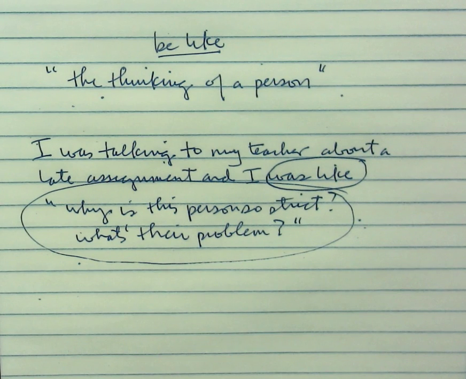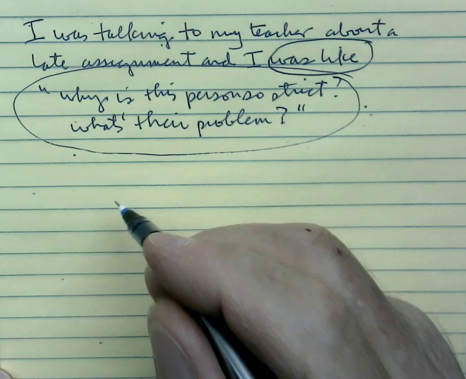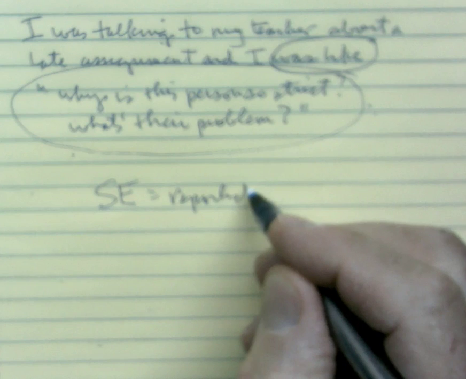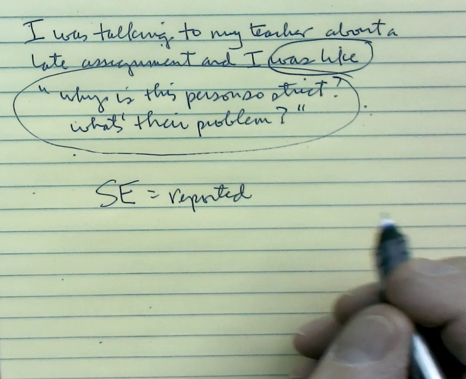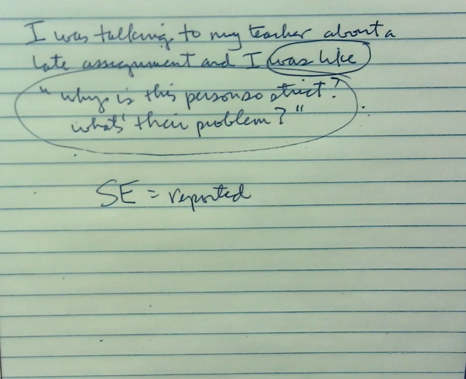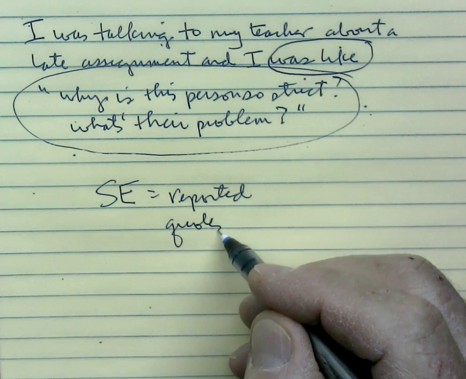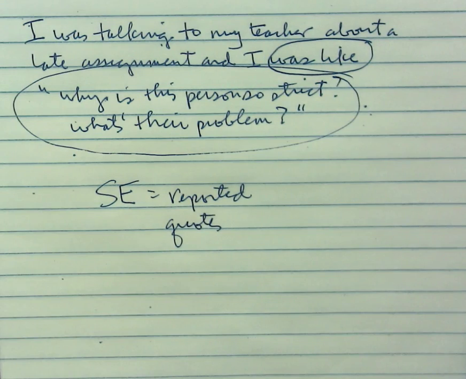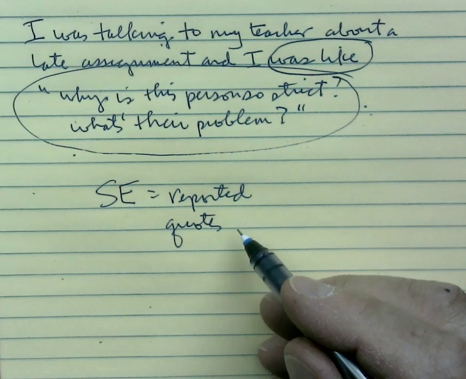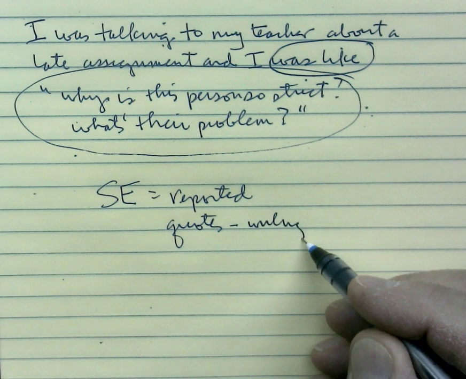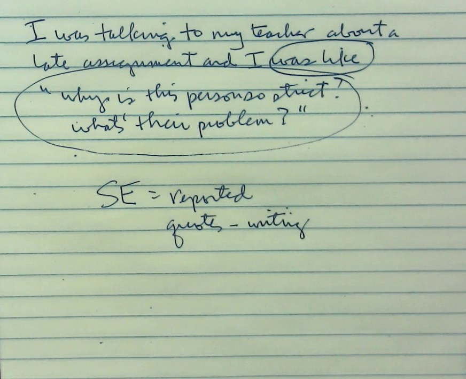So we can see that Standard English uses reported speech to introduce the words that someone said. Of course, Standard English also uses quotes too, but really not when you're speaking. Quotes are really primarily used for sharing the exact words of somebody in writing.